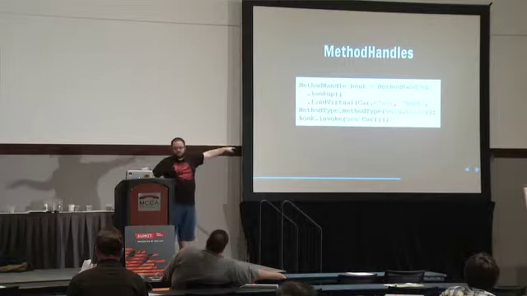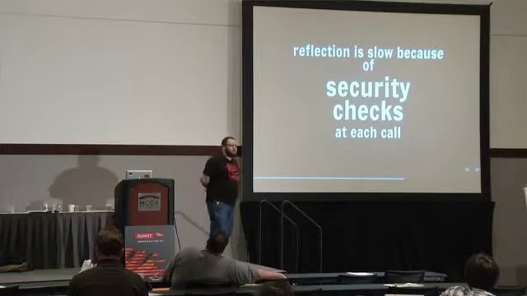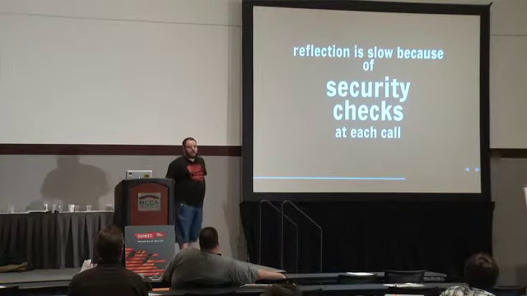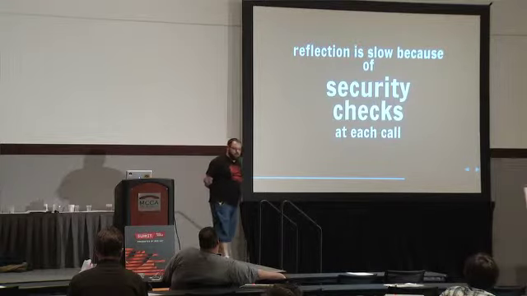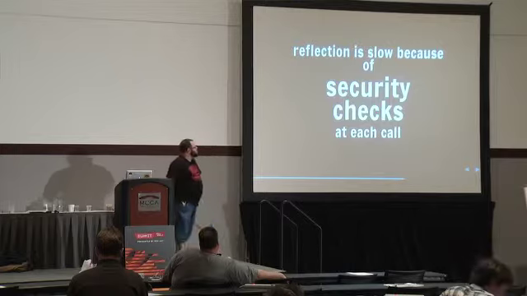This code has some advantages, because as I said, when you use method handles, all the security checks just happen when you create the method handles and not when you do the invocation. So in general, things are faster.